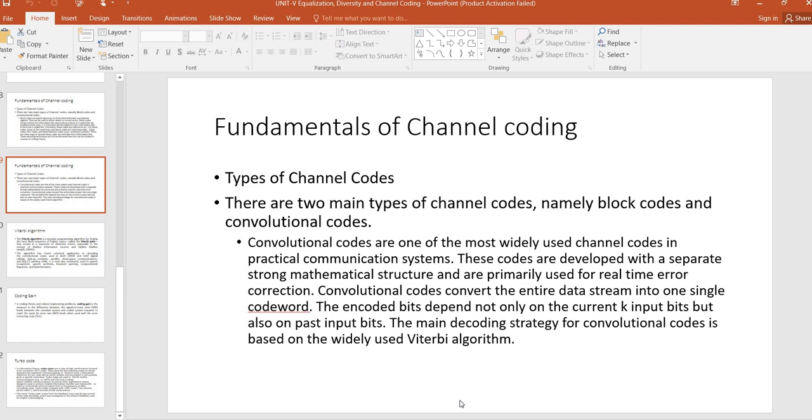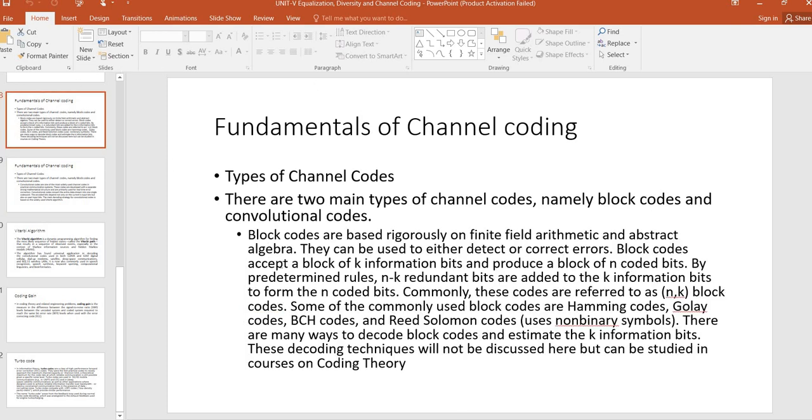Real-time error correction means that during the communication, if there is some error, it is corrected instantly. But the previous one, the block code, is not real-time error correction.